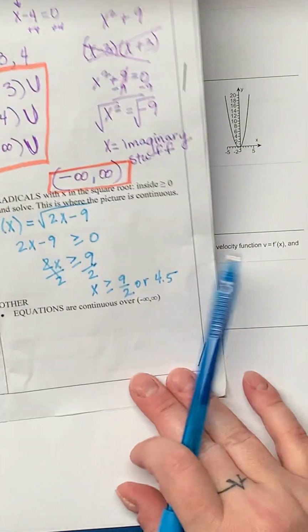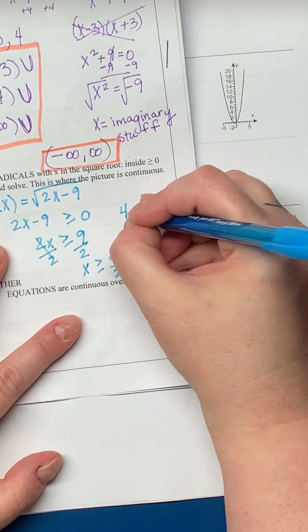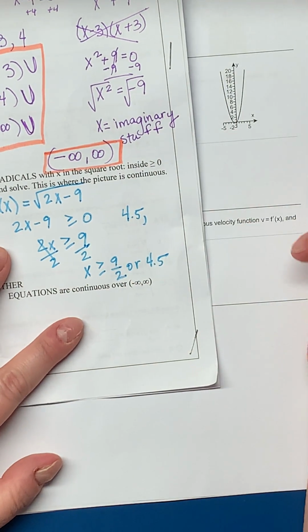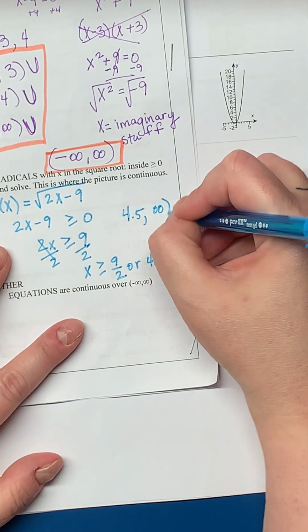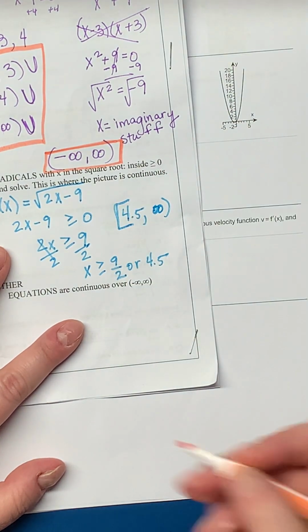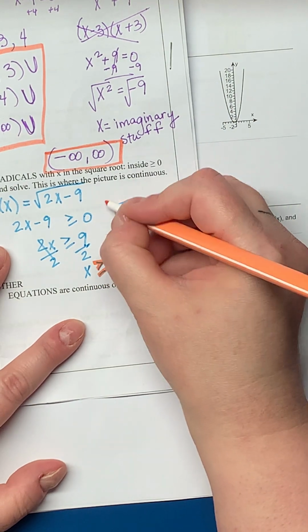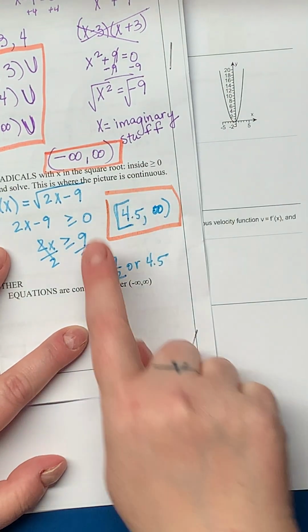So we're going to say it's continuous from 4.5 all the way to the end of the curve, infinity. And I'm going to put a bracket around this 4.5 because of this equal to underneath the gator. So that's why I have a bracket.